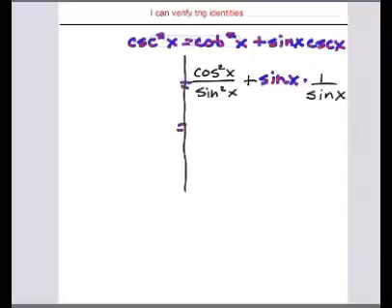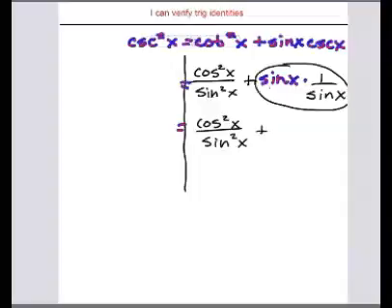So this becomes cosine squared over sine squared. Sine over sine is going to cross off, and we're left with 1 over 1, which is 1.